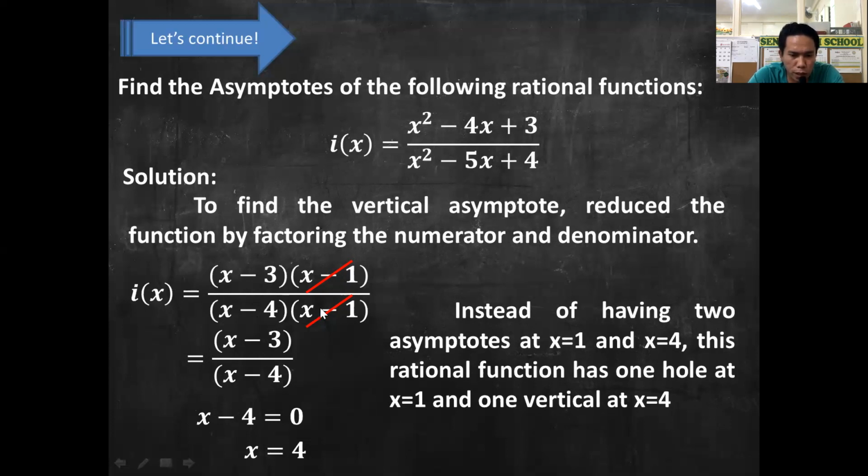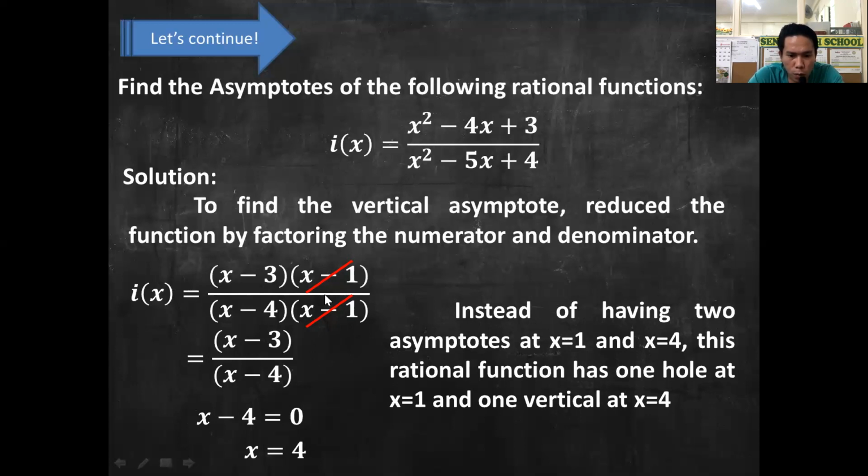So kung napapansin nyo kanina, na-cancel yung x minus 1. Pero kung i-equate mo silang dalawa, you can have two values for our vertical asymptotes. Pero hindi pwede kasi nga na-cancel yung x minus 1. Di ba sabi din kanina, kapag pinactor mo yung equation, tapos may na-cancel ka, yung mga na-cancel na yun, they will represent hole in the graph.